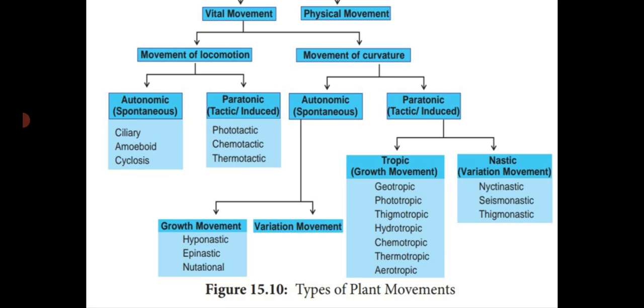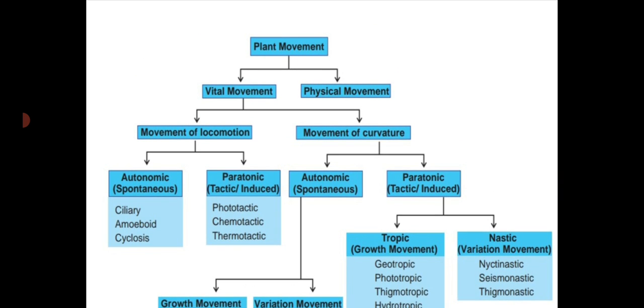Tropic movements are divided into different types, geotropic based upon the soil, phototropic light, thigmotropic that means touch, hydrotropic water, chemotropic chemical, thermotropic temperature, aerotropic air. The nastic are nyctinastic, seismonastic and thigmonastic. So these are all the different movements of a plant under their classification.